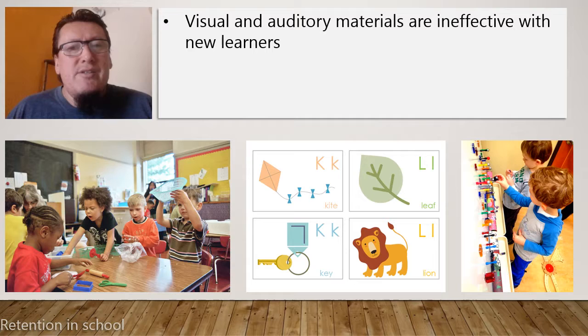We do want to consider that, generally speaking, the visual and auditory materials will be ineffective. Because we're talking about elementary school, most of the kids will be newcomers to the second language, to English.